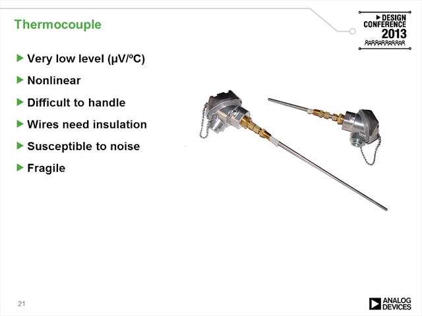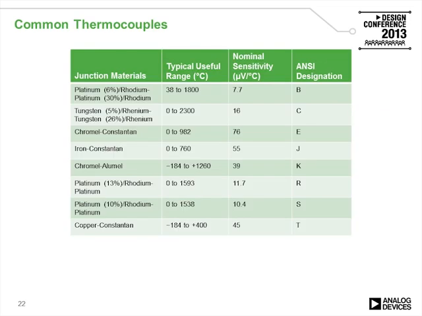We'll look at the thermocouple here briefly, because it's the most widely used temperature sensor, especially in industrial applications. It's also an interesting electronic problem to solve. The biggest reason for using thermocouples is their extremely wide temperature range.